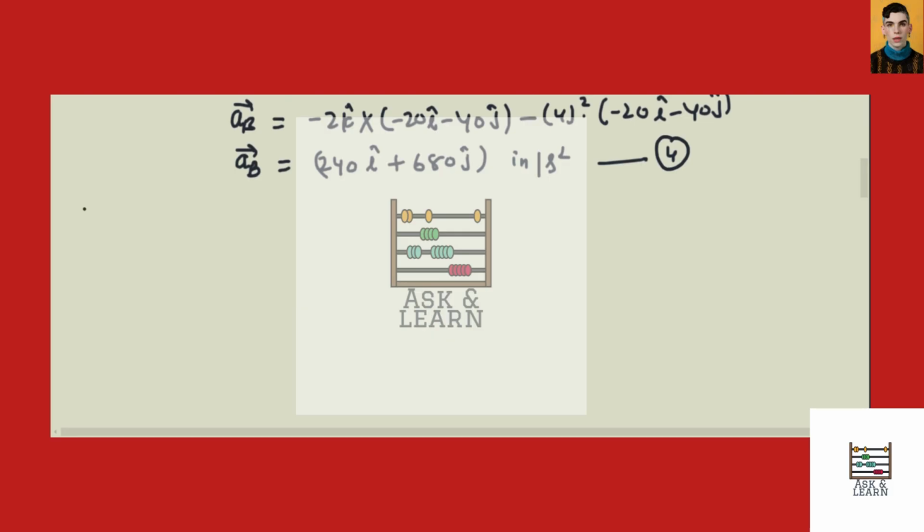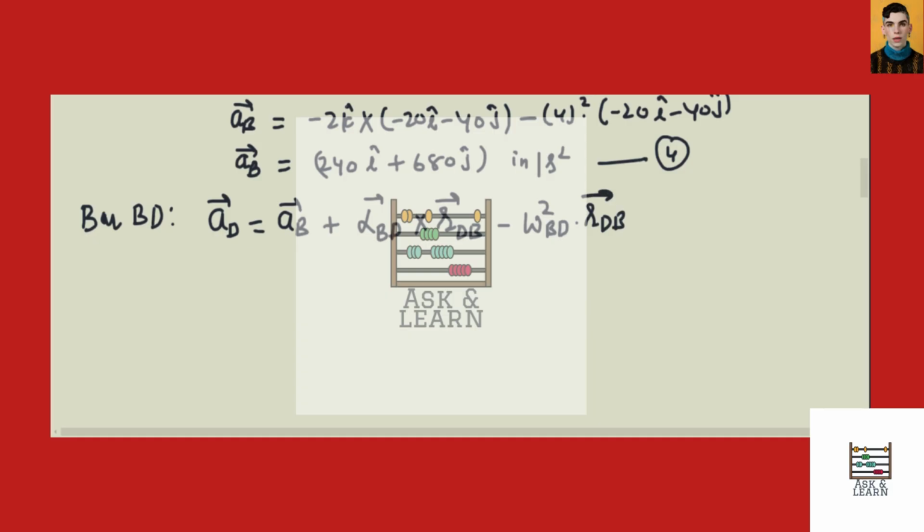Now we will solve for bar BD first. The acceleration of point D can be written as the acceleration of B plus the angular acceleration of BD cross the position vector R_DB minus omega squared BD times the R_DB vector.